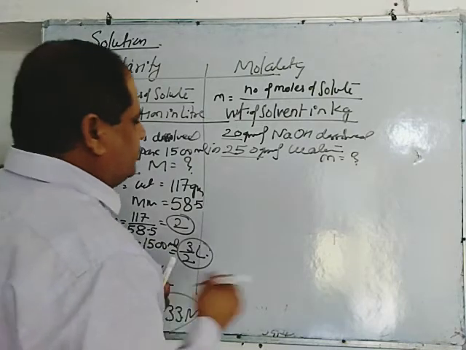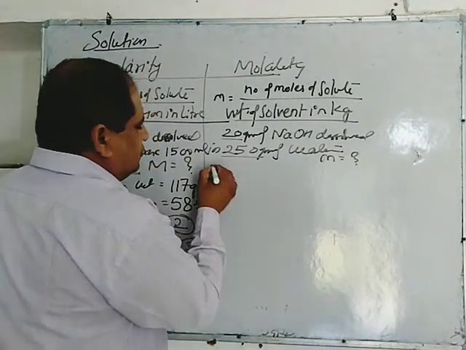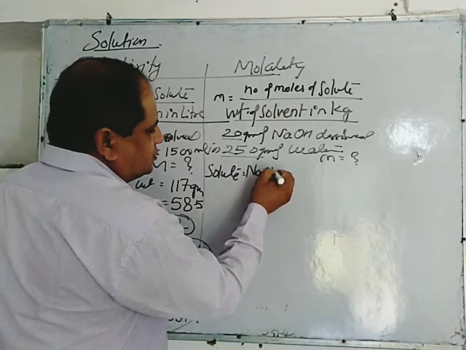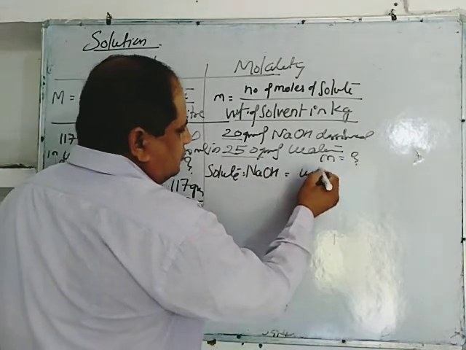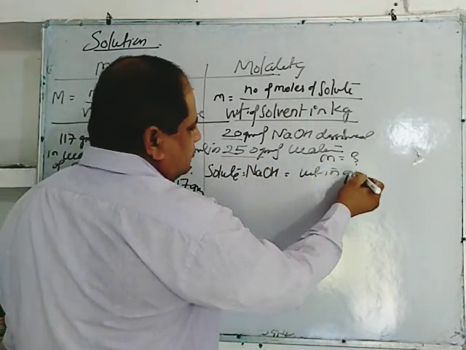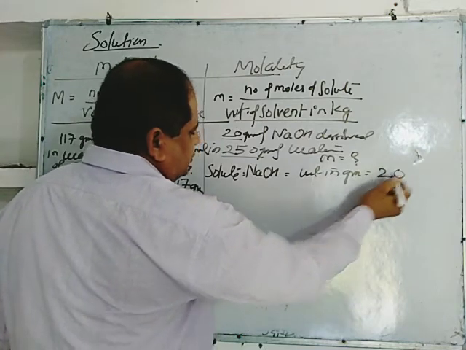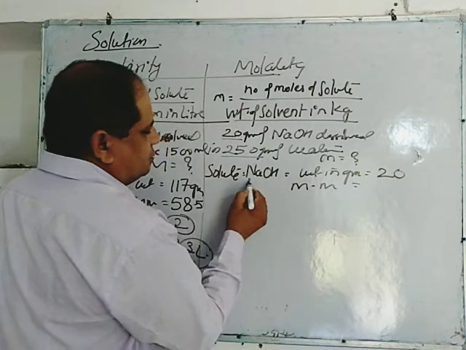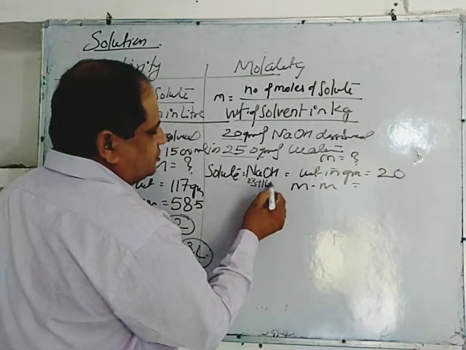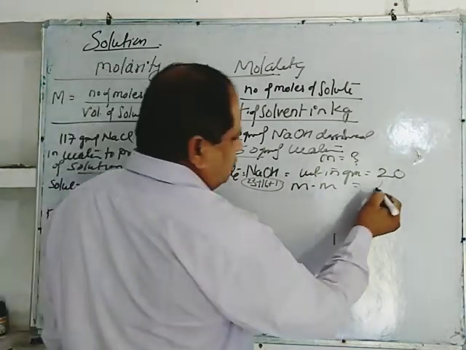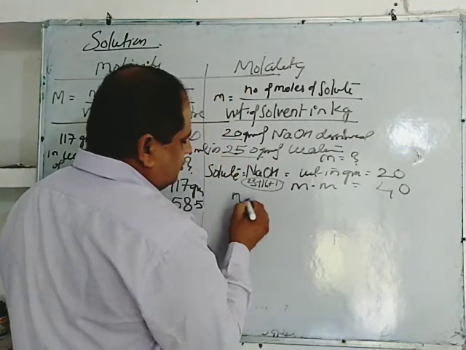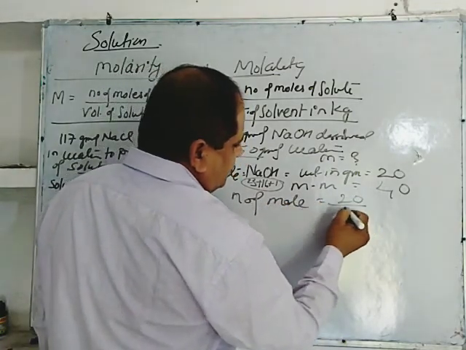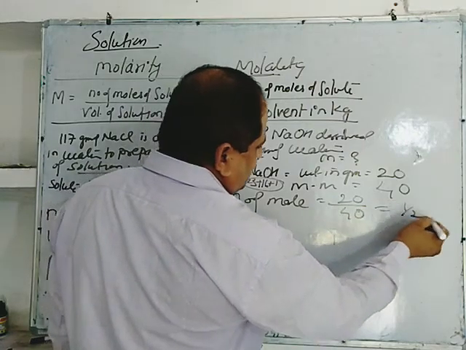So how will you find the molality? Here the solute is NaOH. Its weight in grams is given as 20. Molecular mass of NaOH is 23 plus 16 plus 1. This is equal to 40. Number of moles will be equal to 20 by 40, equal to 1/2.